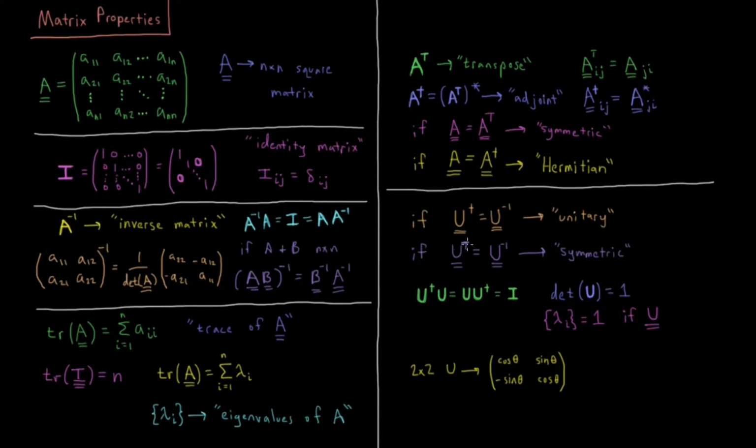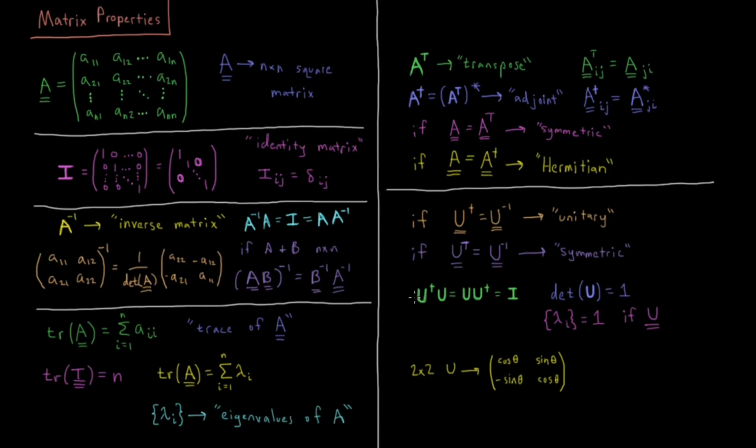And if the transpose of a matrix is equal to its inverse, that's called an orthogonal matrix. If my adjoint is my inverse, then my adjoint times myself equals identity, and thus myself times my adjoint also equals identity. As I said in the previous video, the determinant of a unitary matrix is equal to 1, and now we see why. The determinant of the inverse of a matrix is 1 over the determinant of that matrix, so the determinant of a matrix times the determinant of its inverse has to be 1, because the determinant of an identity matrix is 1.